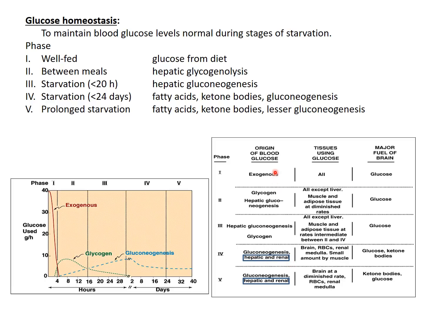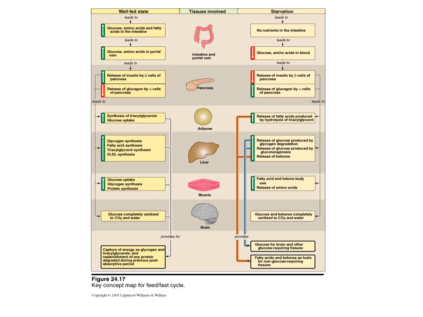So you see here that it is hepatic gluconeogenesis, and now in longer term starvation, the renal gluconeogenesis, producing a smaller amount of glucose, is becoming very important. This is again a figure that is helping you to understand what is going on in this feed-starve cycle and glucose and caloric energy homeostasis.